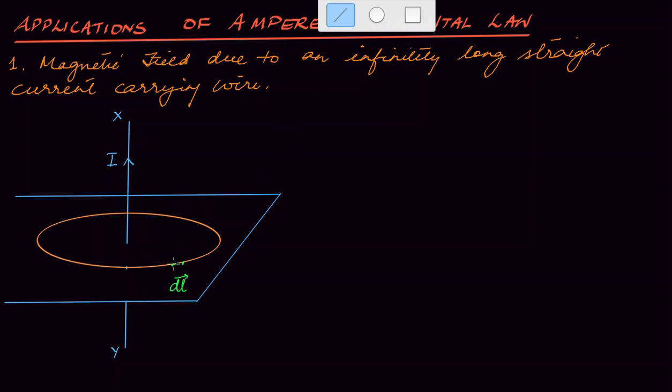The magnetic field will be in this direction, tangential, like that. Got it? And the distance from the wire to dl is denoted by r, which is the radius of this loop.